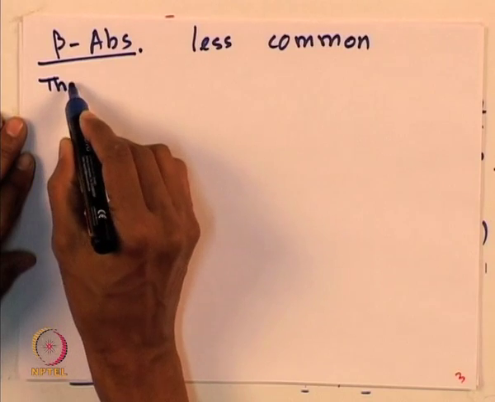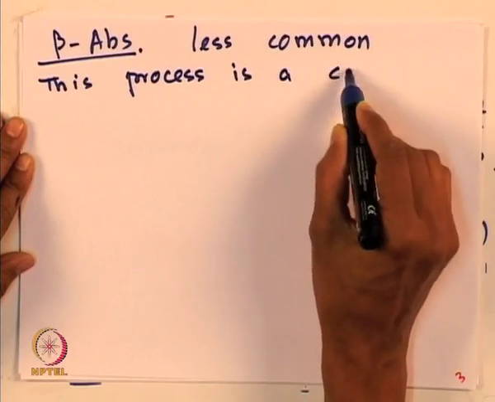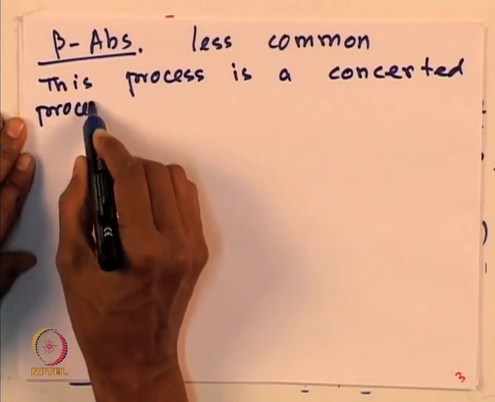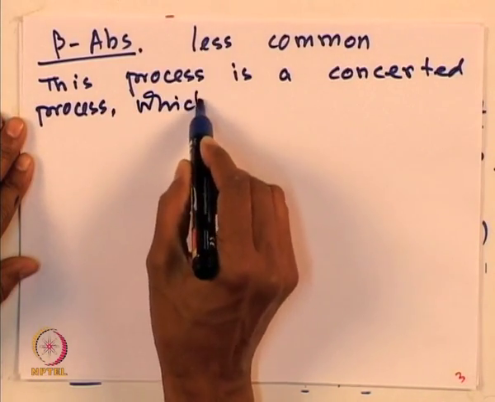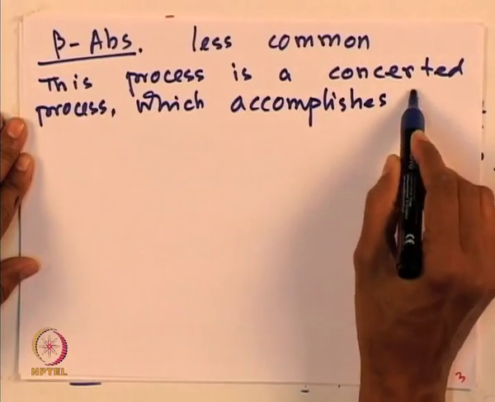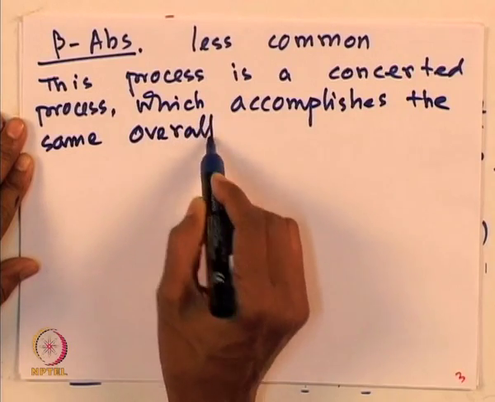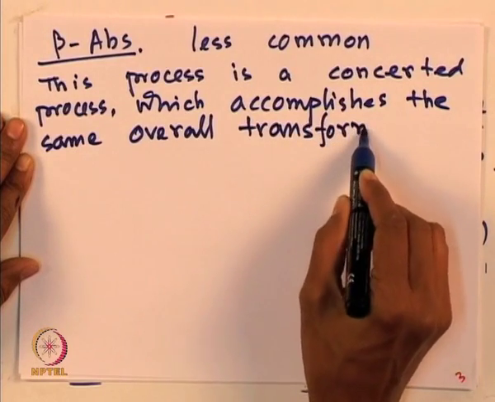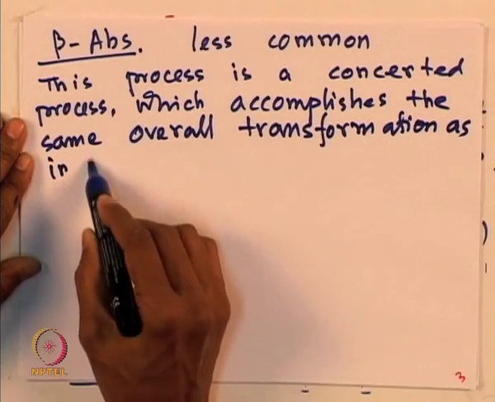This process is a concerted process, of course, again just like your alpha abstraction, which accomplishes the same overall transformation. That's what is most important to remember. This gives you exactly the same transformation overall as in beta hydride elimination.